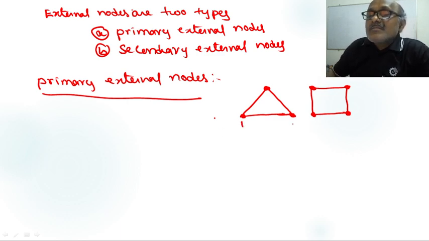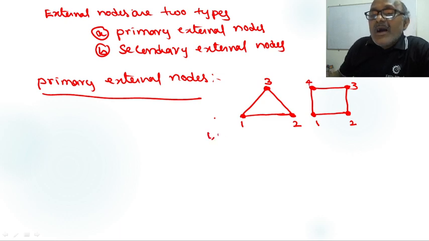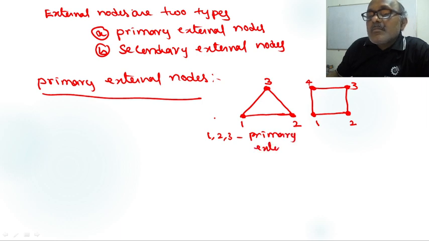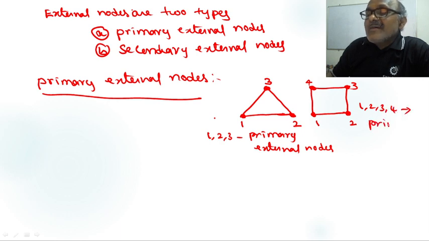Suppose this is 1, here is 2, here is 3, here is 1, 2, 3, 4. In the triangle, 1, 2, 3 are primary external nodes. In this case, 1, 2, 3, 4 are primary external nodes.